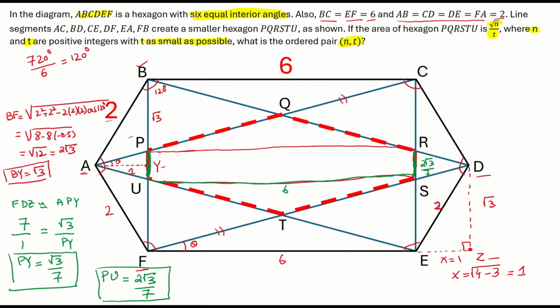So we can calculate the area of the rectangle in this case. Okay, we'll do that in a bit, but we still have to figure out the areas of the two triangles that are above and below this rectangle here.